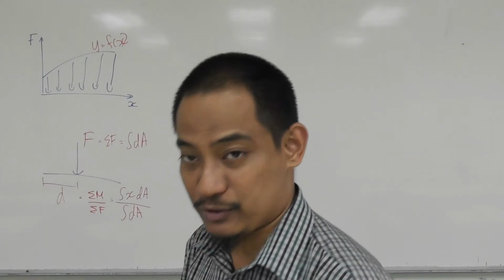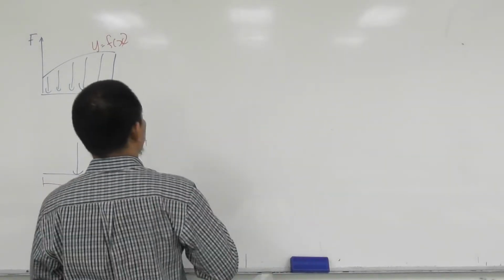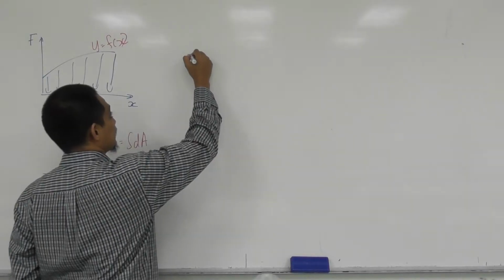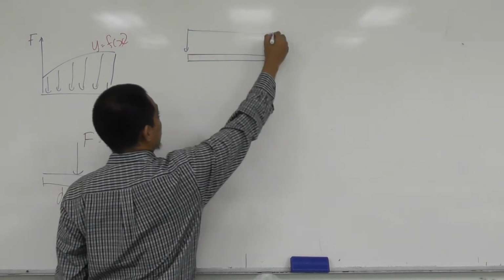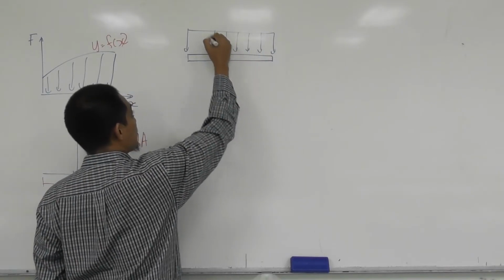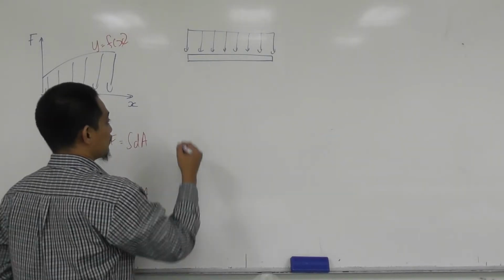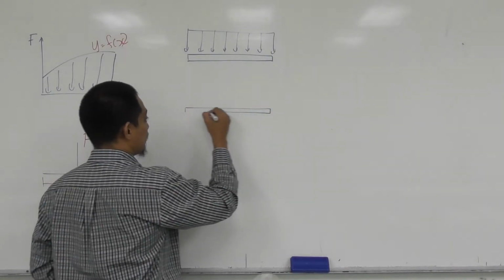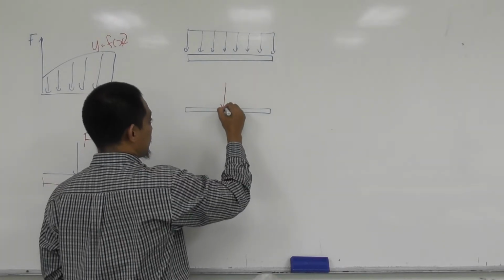All right, so let's consider a rectangle, right? So meaning that if we have, let's say, a distribution like this, right? And we want to replace it so that it will be just one force somewhere here, right?